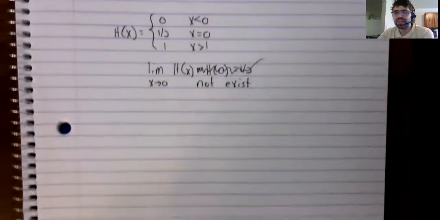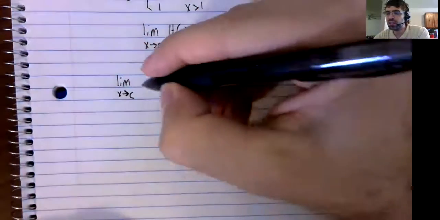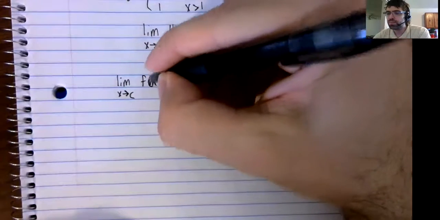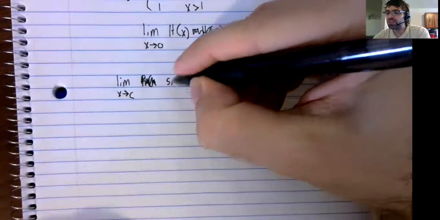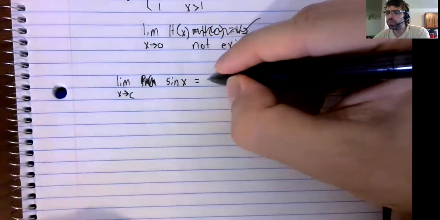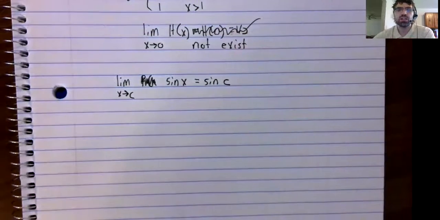strange ways. For example, the limit as x approaches c of the sine of x equals the sine of c. This is an important result. You have to know it.